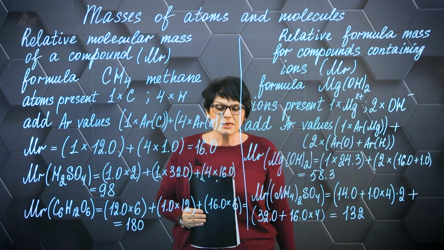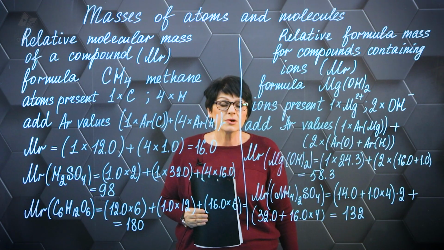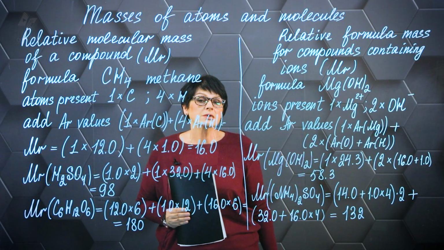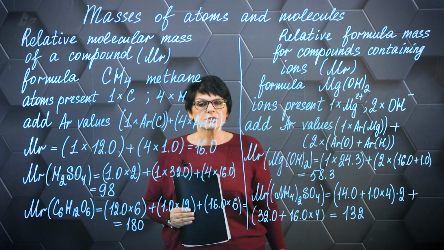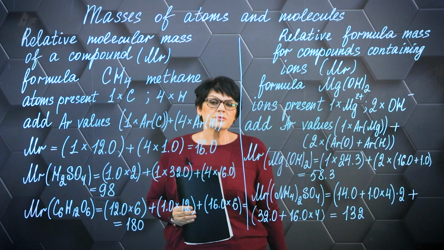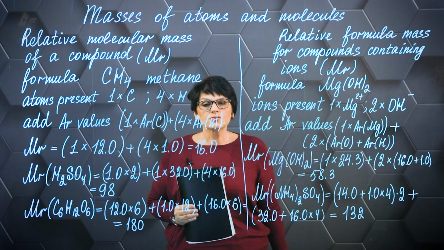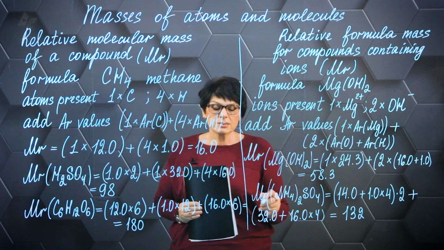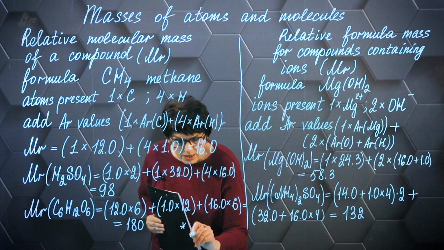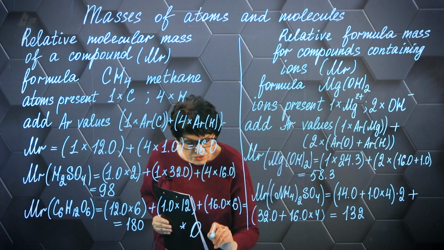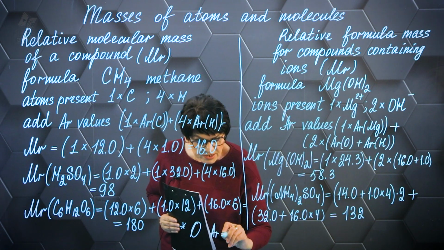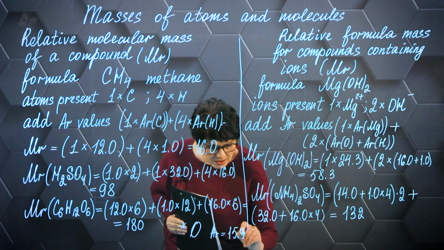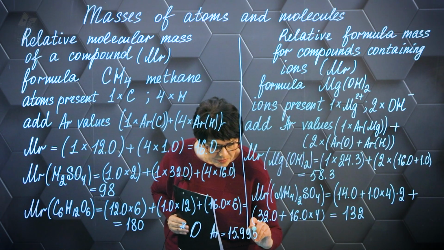If this is a necessary condition, then you can take the relative atomic masses of each element from the periodic table with the number of digits after the dot that are presented in the periodic table. I'll explain, for example, for oxygen. If we take oxygen, its mass in the periodic table is, to be precise, 15.9995.